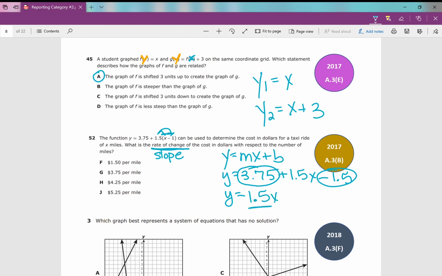So this number with the x term attached to it, I'm going to write that first. And then 3.75 minus 1.5 is 2.25. The question's asking me to find the slope. That's the number in front of the x, which is $1.50 per mile.